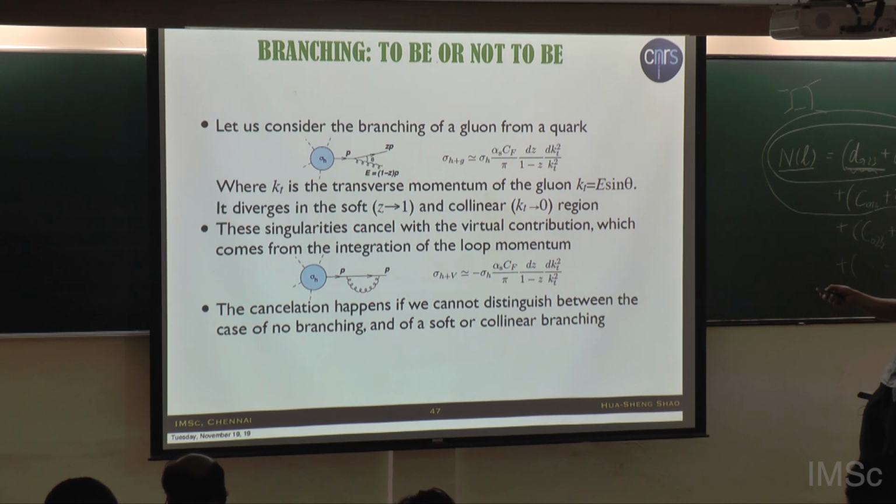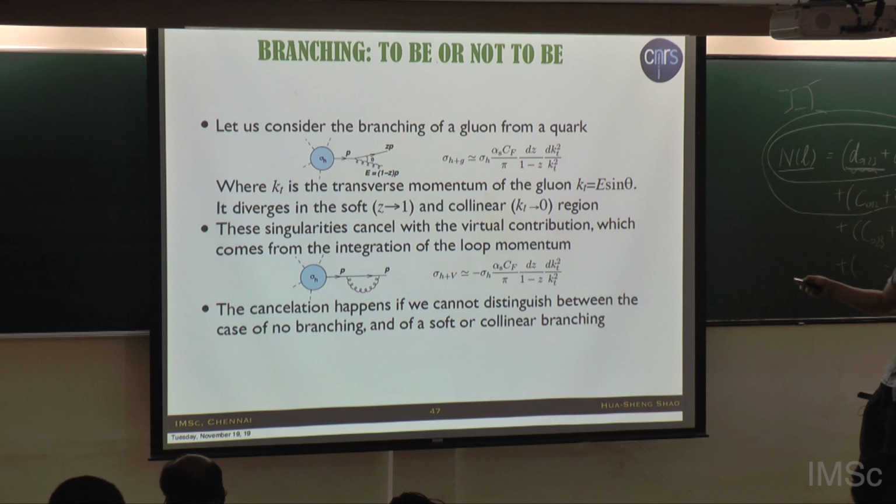Looking at where this singularity comes from, even from our previous example, if you emit a gluon, its singularity comes from one internal propagator going on-shell. That comes from, for example, the collinear case, where the gluon is emitted in the same direction as the previous quark.